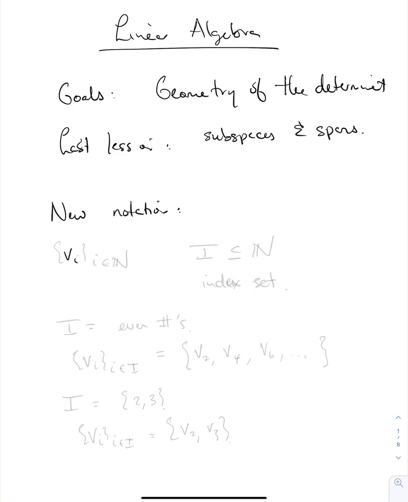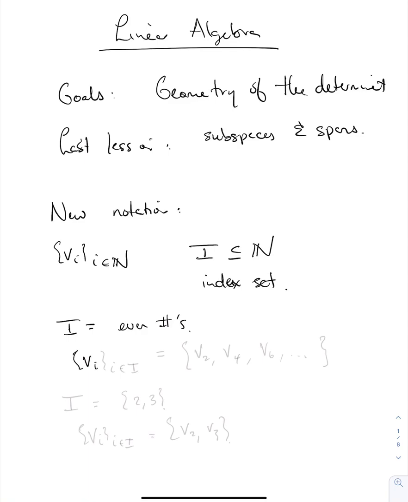So let's say we've got v_i, a collection of vectors v_i, indexed by the natural numbers. Let's say I is some subset of the natural numbers. This is going to be called our index set. So say that I is the even numbers, for example.